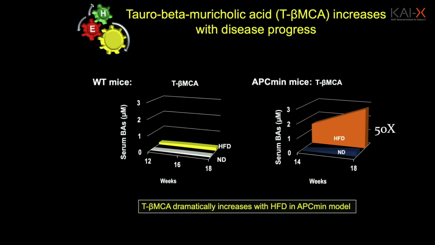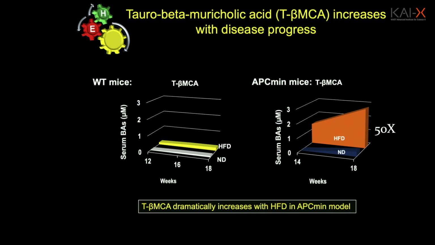So the point being is that when you're making all these different bile acids, they're not being made in equal exact amounts. They're being made in different ways, and we know very little about the differential aspects of this synthetic pathway that would drive, for example, the creation of taurobeta-muricholic acid relative to chenodeoxycholic acid or deoxycholic acid.